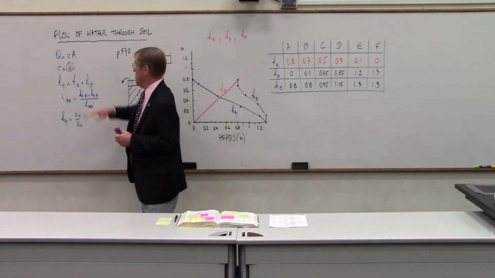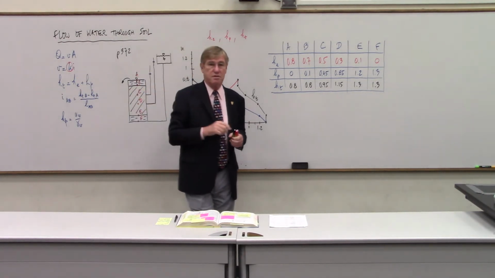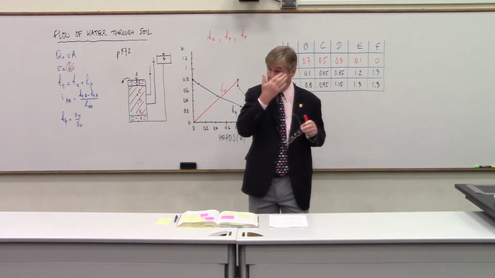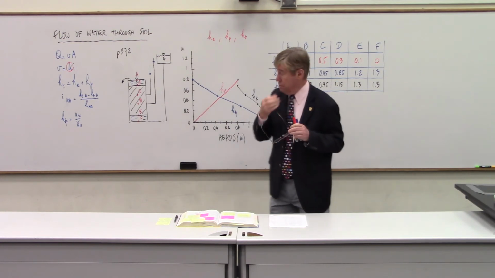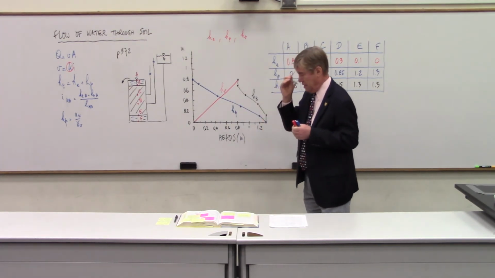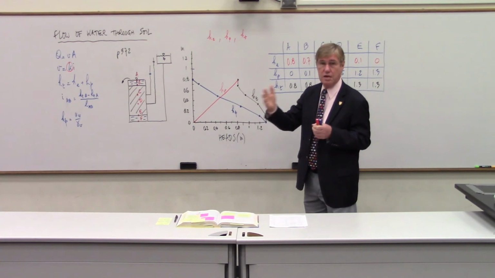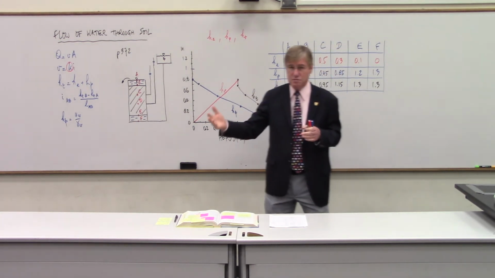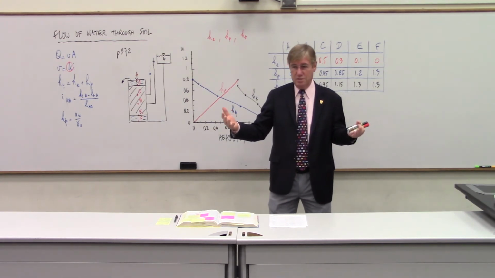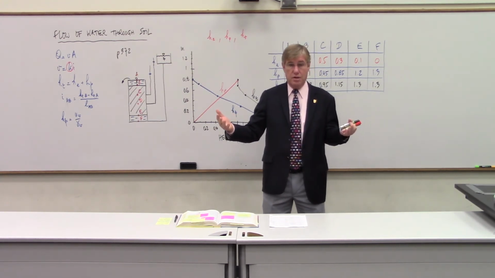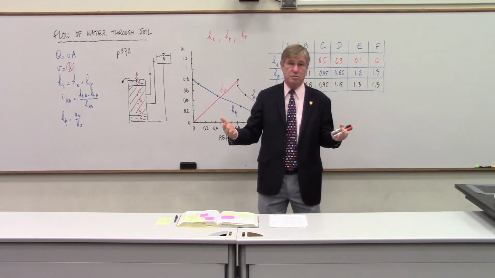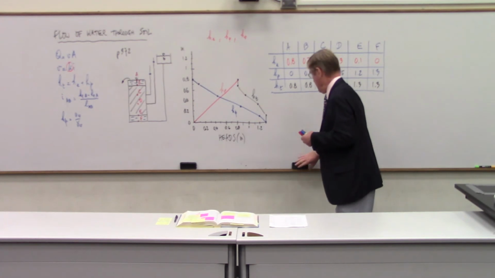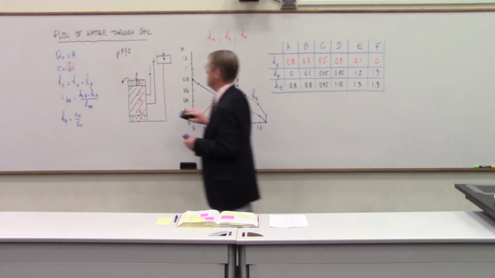But the K is soil specific, and soils vary all over the place. So we have to find a way to measure this K value, and we do that in the lab, and we do that in the field. Early in the course I said we have lab tests, we have field tests. They're both very valuable, and a balanced soil investigation makes use of some lab tests and some field tests. So let's see how we can measure this K value.